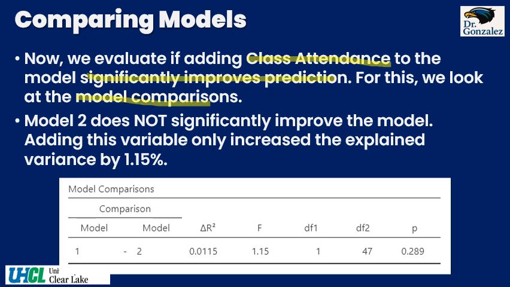So we look at model comparisons, and you know you're looking at model comparisons because it says model comparisons, but you also have this delta R squared, which shows that by adding that variable, we can now explain only an additional 1.15% of variance. And you can look over here and see your F is 1.15 and your p-value is much greater than 0.05, so it is not significant. So adding class attendance percentage to this model didn't help it.